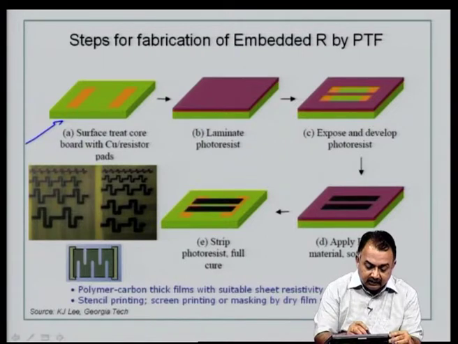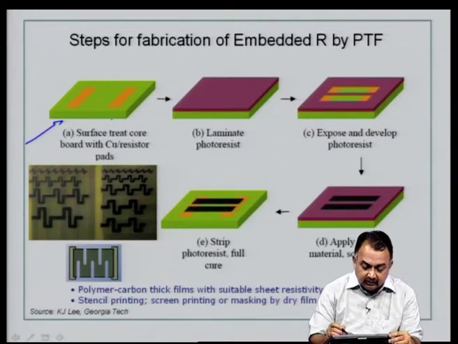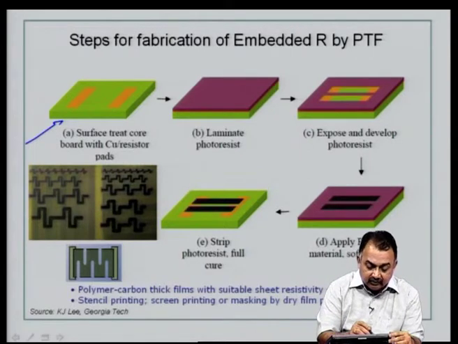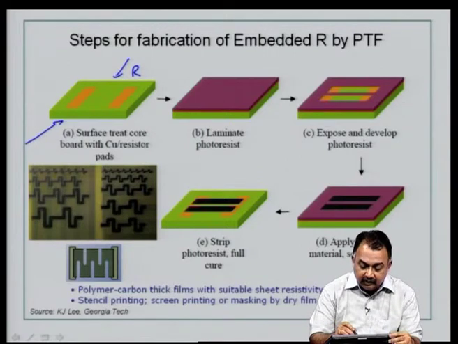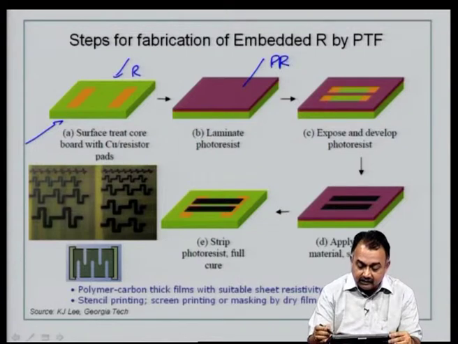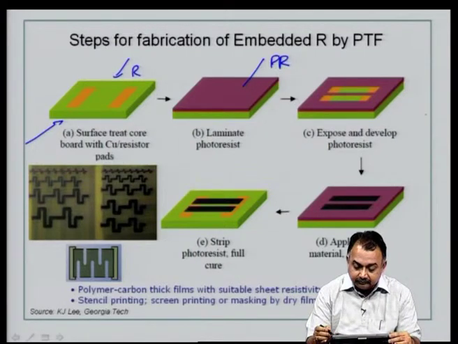What you are seeing here is the copper terminals that have been designed, and you need to realize your resistors here. Then you can laminate your photoresist material. This is your PR photoresist, right.